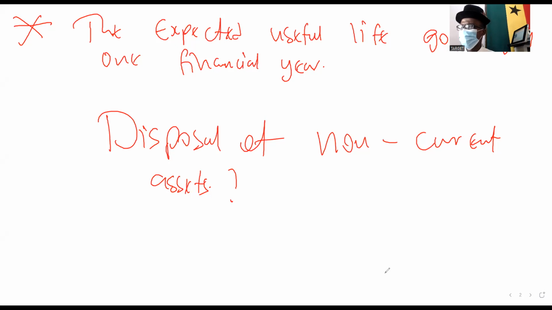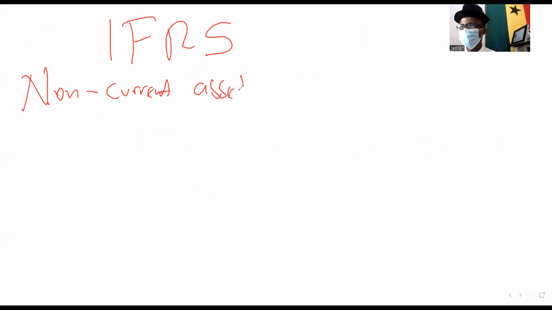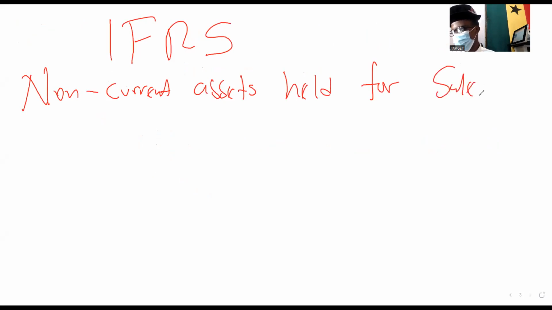IFRS 5 came in to solve the problem. IFRS 5 is for non-current assets held for sale, that's one thing, and discontinued operation.